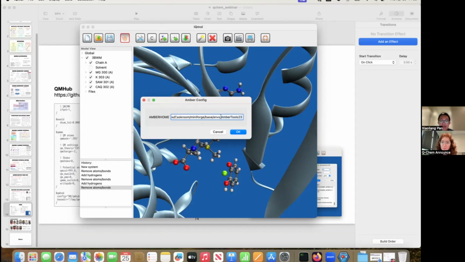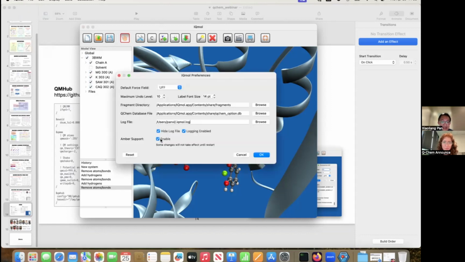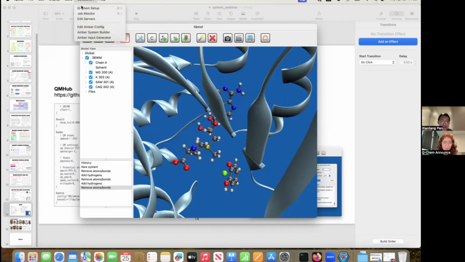Once you install that, you see here, I'm just providing this Conda environment as the Amber home. Also, before that, there's an option here, Amber support, that needs to be enabled in the global IQmol preferences. After you enable this, you will see these three options.